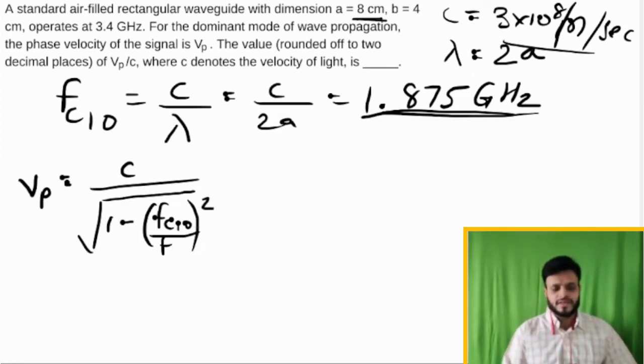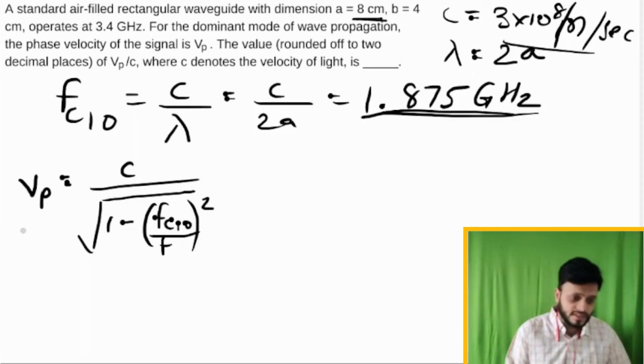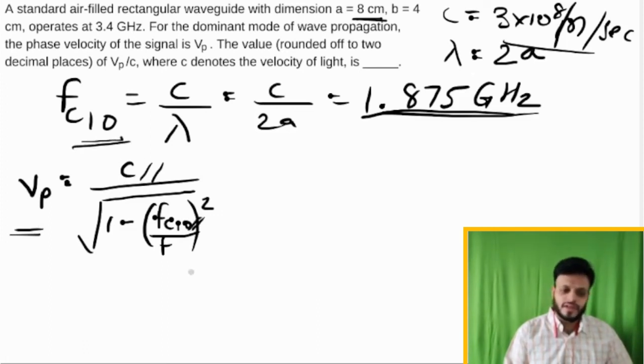Here we see which parameters we already know and which are unknown. Vp is unknown, but we know the value of c, fc10 we just calculated, and f is already given in the question as 3.4 gigahertz.